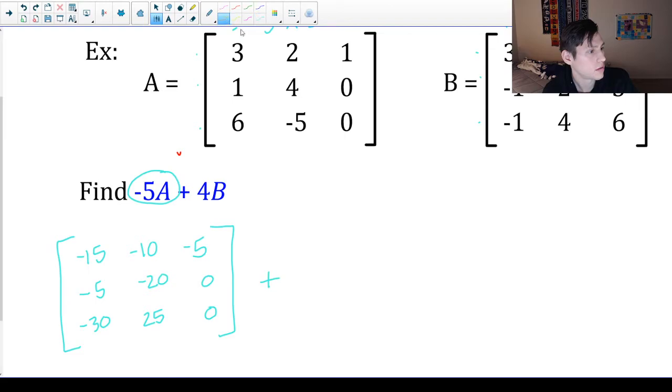But now let's do 4B. So that's just the matrix B using scalar multiplication with 4. So 4 times everything inside there. 4 times 3, 12. 4 times 0, 0. 4 times negative 3, negative 12.